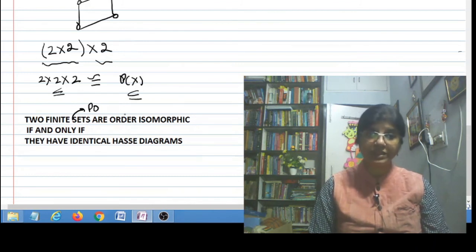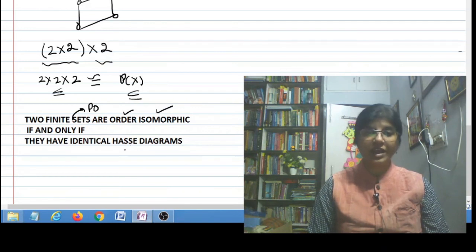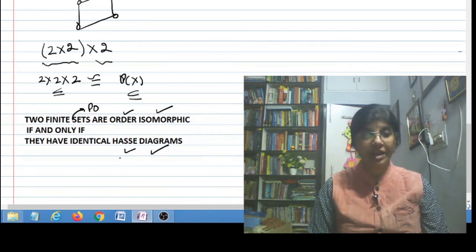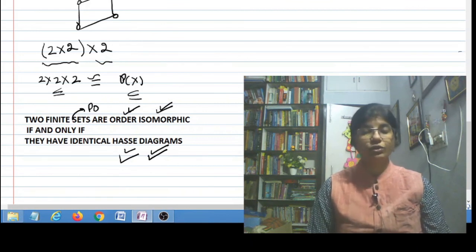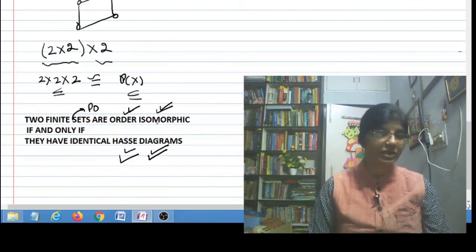So if the posets are order isomorphic, then their Hasse diagrams will be the same or identical, and if the finite posets have identical Hasse diagrams, then they will be order isomorphic. So this result is if and only if, which means that it is true both ways. The converse part is also true.